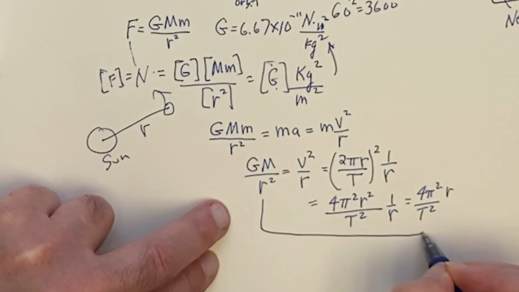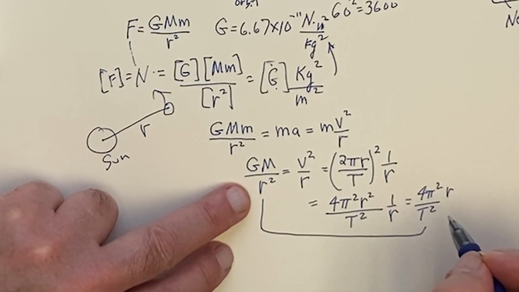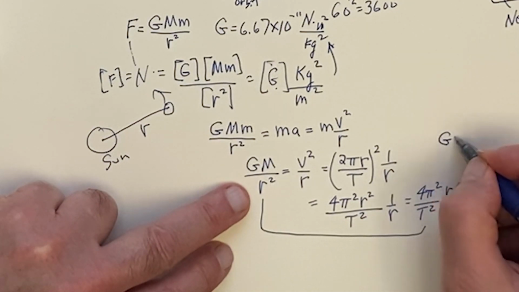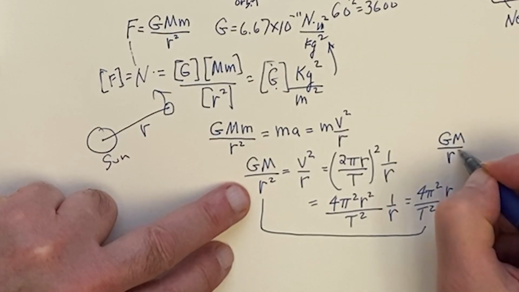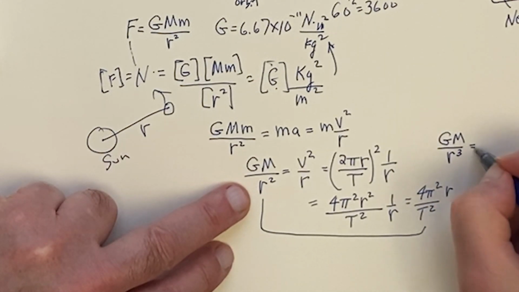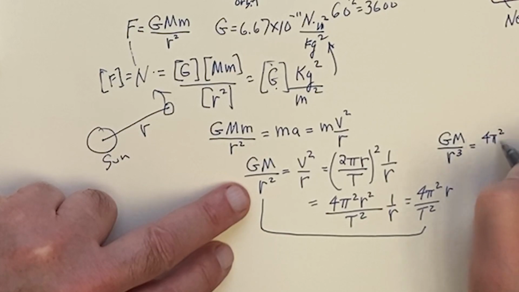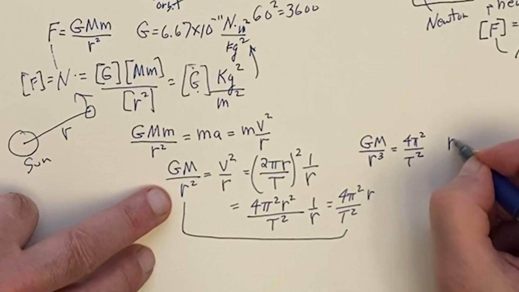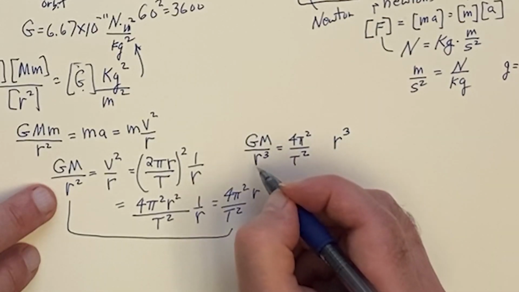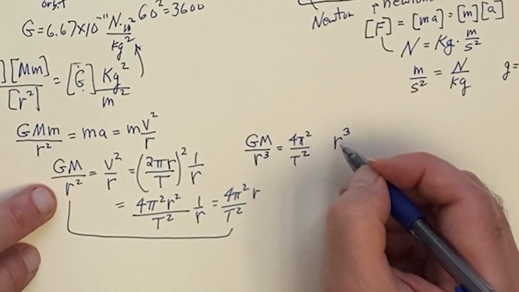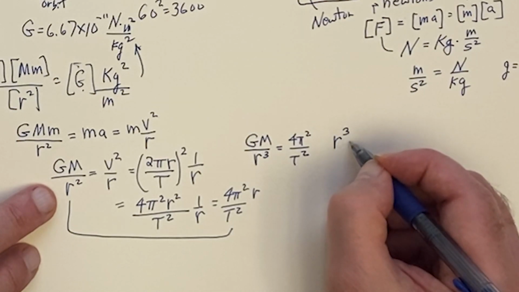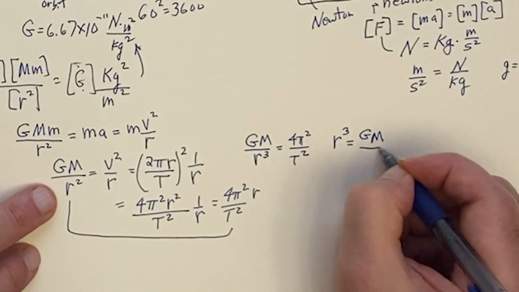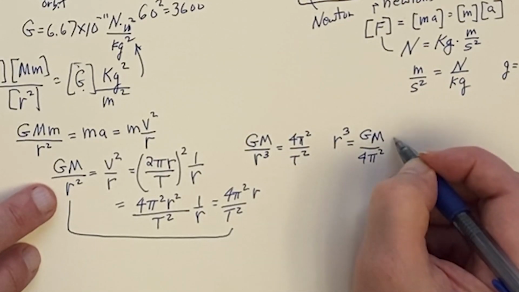And then if you look at these two, you can see that if you bring the r to the left-hand side, you're going to get GM over r cubed. And then the right-hand side is 4 pi squared over t squared. And now if you bring the r cubed to one side, you would have r cubed is equal to GM over 4 pi squared, times t squared.